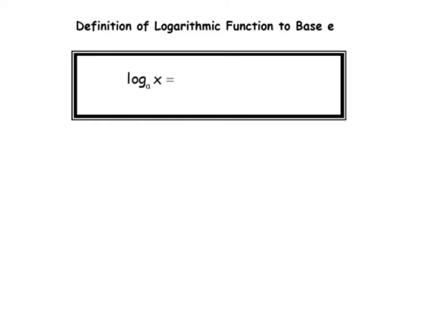Okay, so let's start off with a definition. The definition of a logarithmic function to the base a, where a could be any number, is y = log base a of x. And we're going to use the concept of change of base.